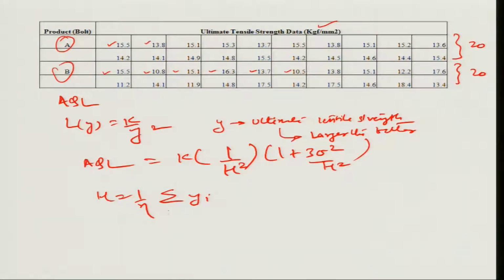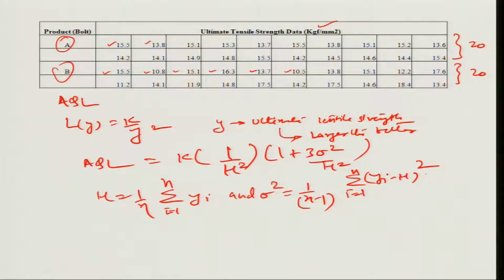So μ = (1/n) Σ yi, with i varying from 1 to n, and σ² = (1/(n−1)) Σ (yi − μ)², with i varying from 1 to n, the deviation of the quality characteristic.